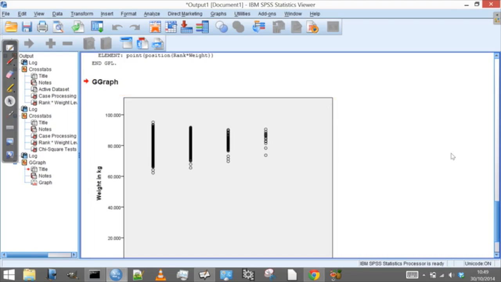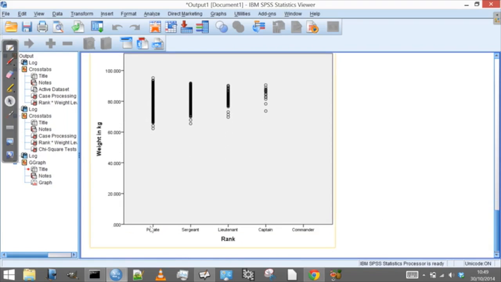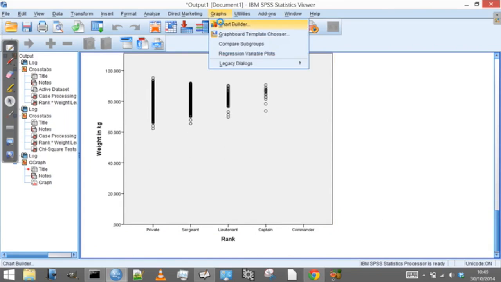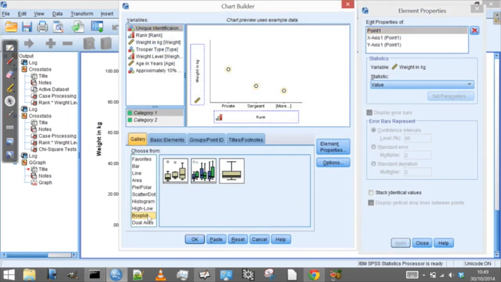And so when I've got a categorical variable sitting on the x-axis, sitting across here, I would prefer to use a box plot. Fortunately, our software has that functionality sitting there ready for us to use. So I'm going to grab this one that's got a picture of multiple boxes.